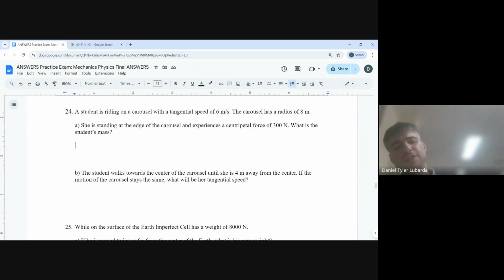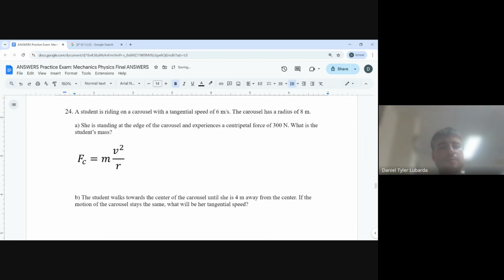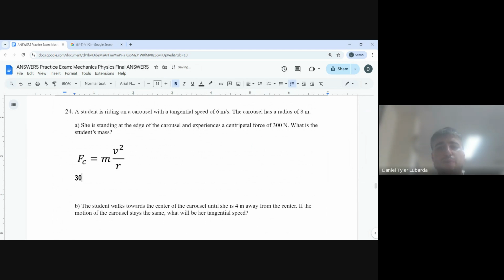Let's put that equation down here. Okay, so here we know the centripetal force is going to be 300 newtons. But we don't know the mass, so we can leave that as m for now. But we do know the speed, and the speed squared.